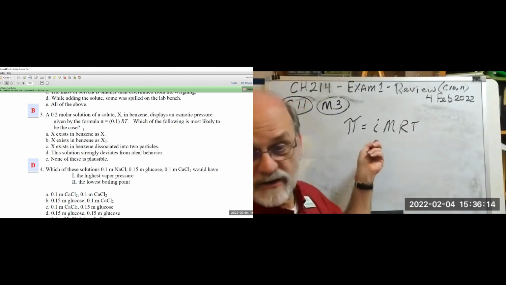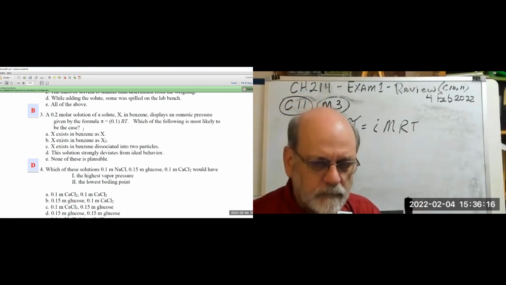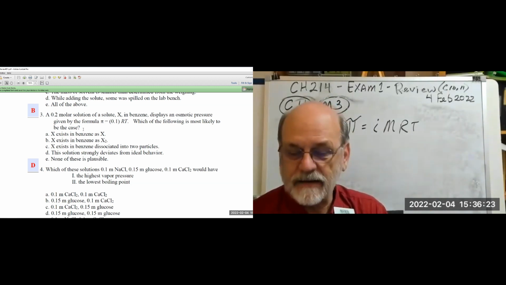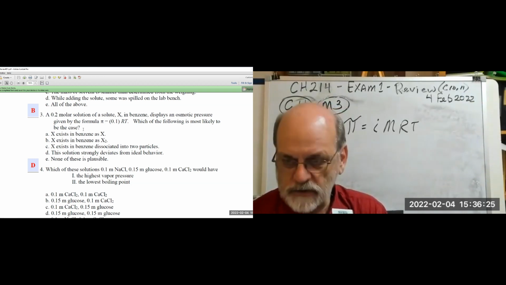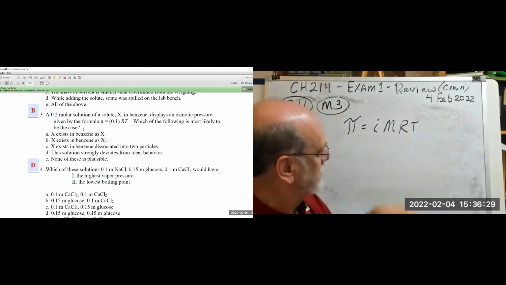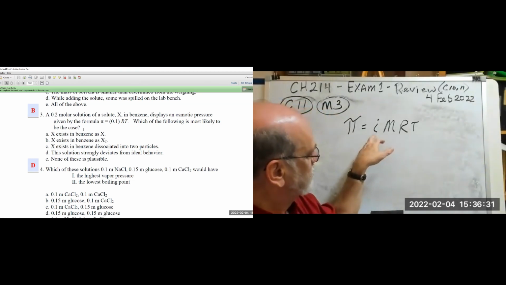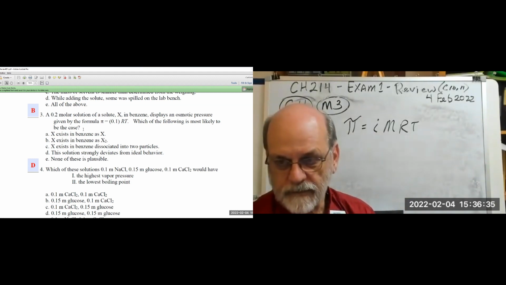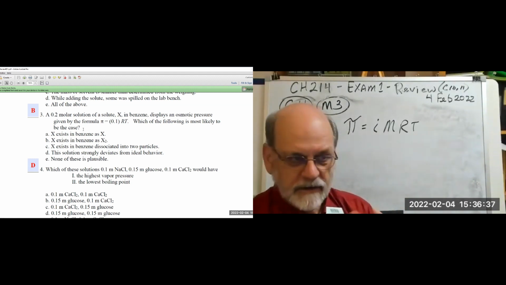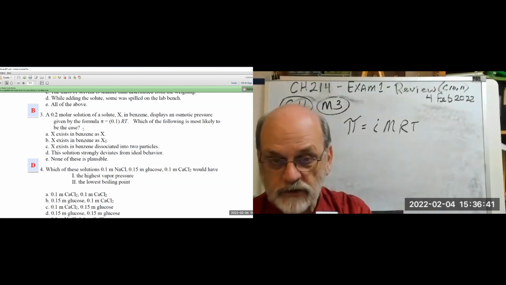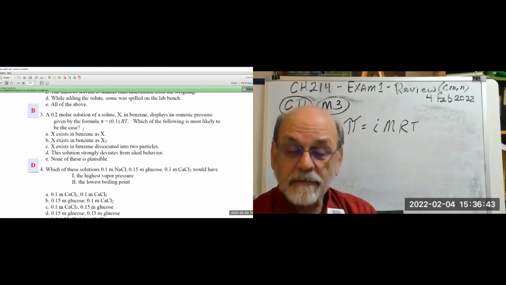I forgot that correction factor. Normally what we see is the effect of a solute on osmotic pressure is modified by this factor, and it's usually a whole number, like 2, 3, 4, depending on how the solute dissociates as it goes into solution.